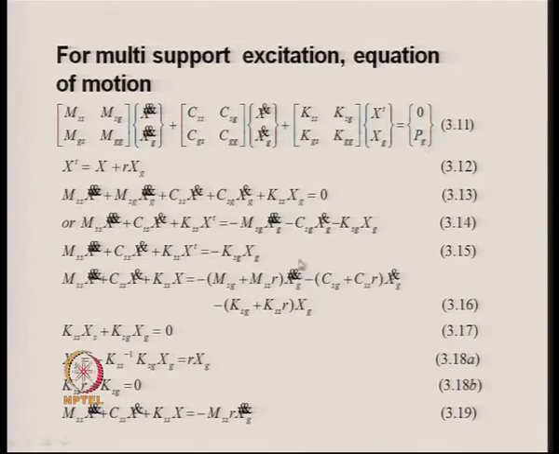Now, we substitute here x_t is equal to x plus r x_g, which we have proved before.